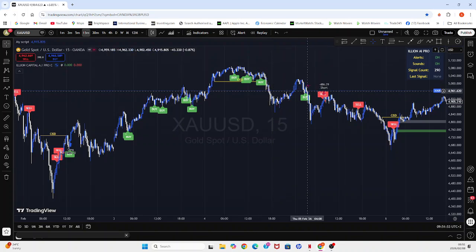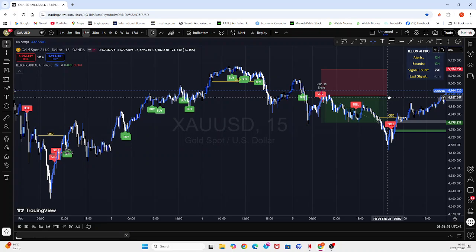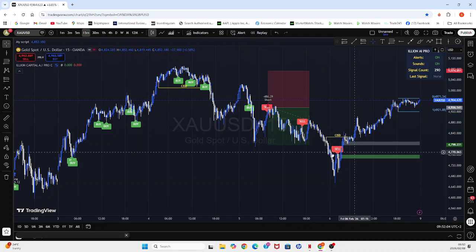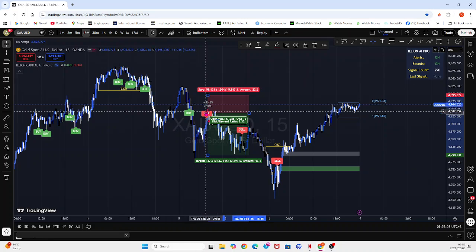You're just going to be looking for sells now. This is where you're going to place your short positions, and until the market gives you another SSD to the upside, you're going to be taking shorts as long as it's within that specific market range. I hope that makes sense.